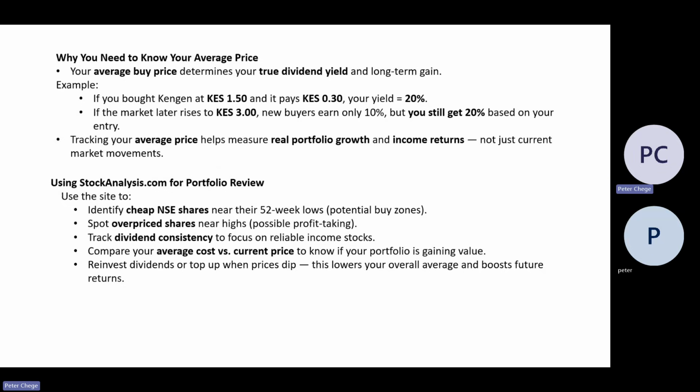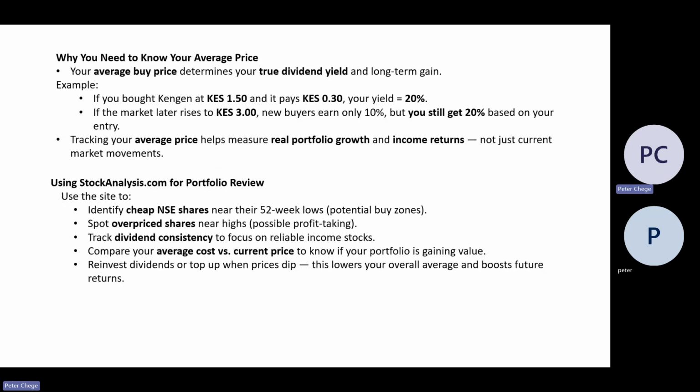You have the current price minus the average price over the average price times 100 to get capital gains percentage. So you compare that to the dividend yield against capital gains. You decide which one do I take. If capital gains is higher, you take capital gains. If dividend is higher, then you take dividend.